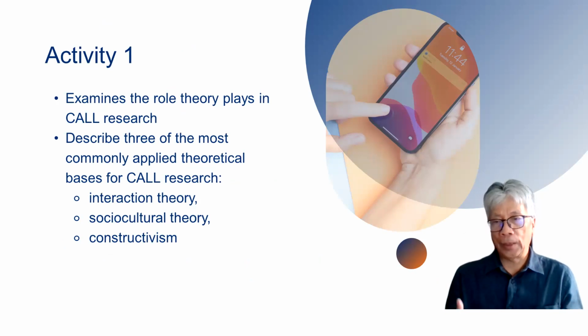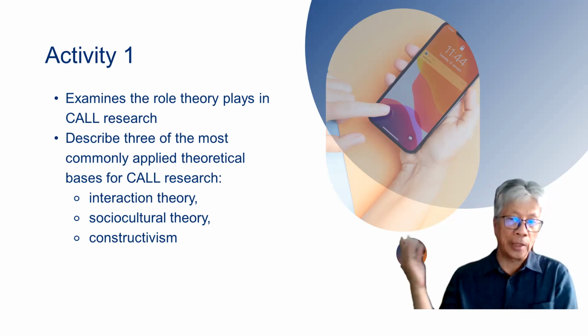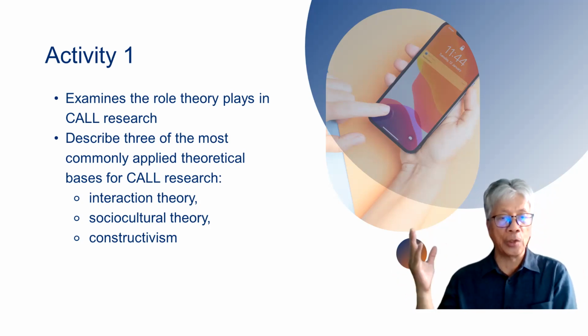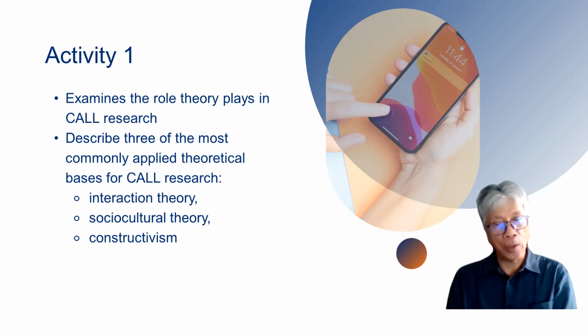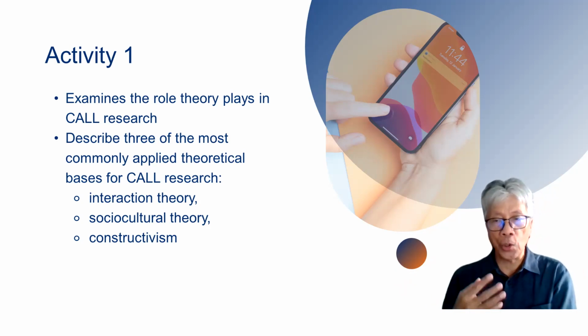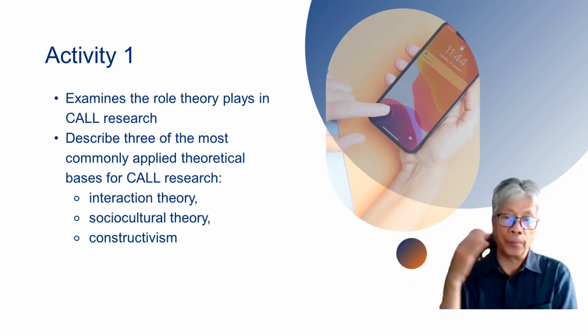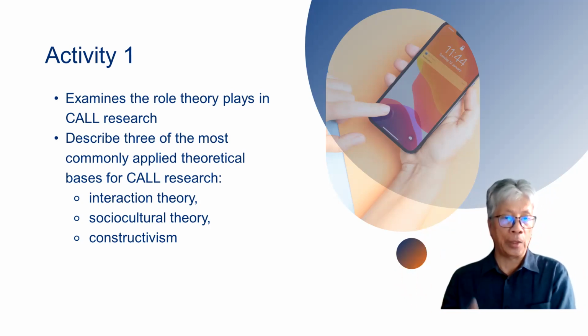Number 1, interaction theory, because CALL is about how students interact, how people interact. And number 2, sociocultural theory, because that's how humans interact, and also related to learning, it's more on constructivism. We're going to talk about that.